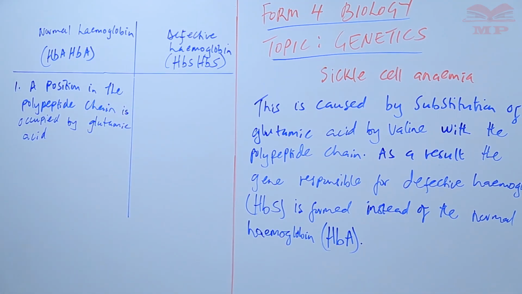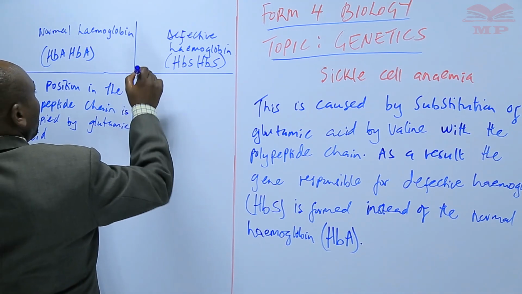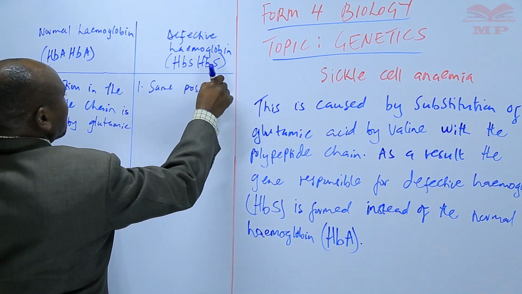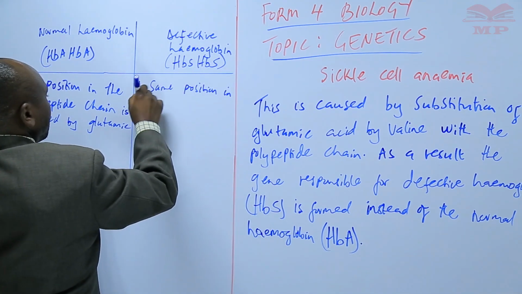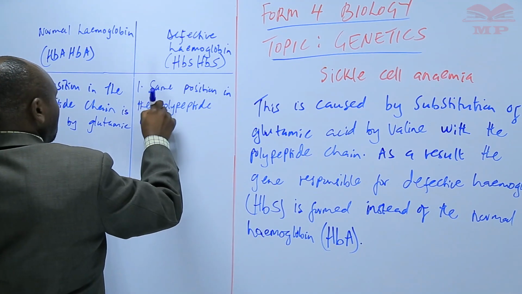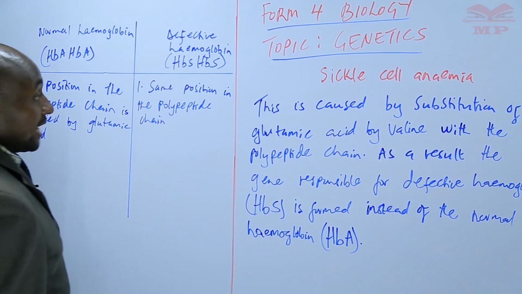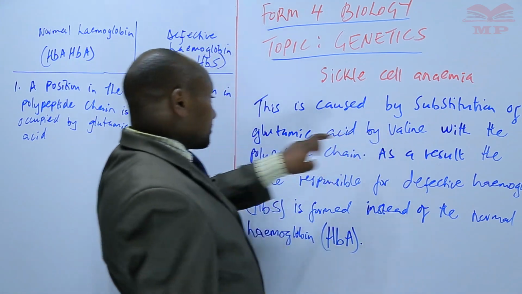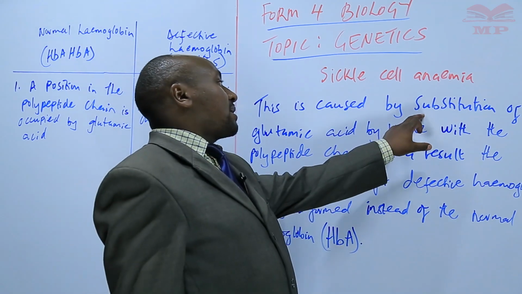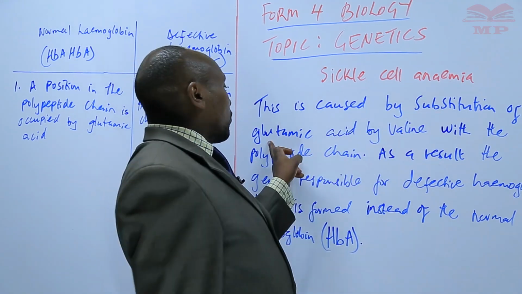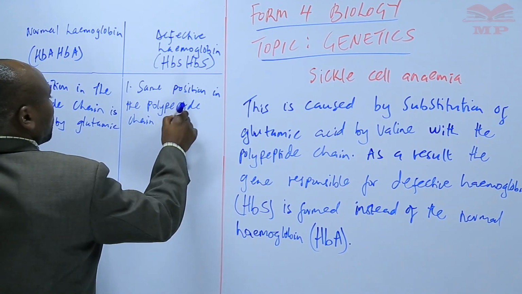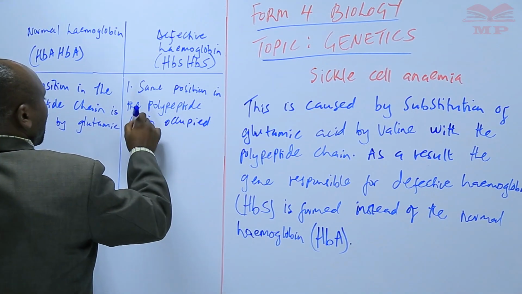But in the case of a defective hemoglobin, the same position in the polypeptide chain is occupied by valine. So the valine substitutes the glutamic acid. That's why sickle cell anemia occurs as a result of substitution of glutamic acid by valine.